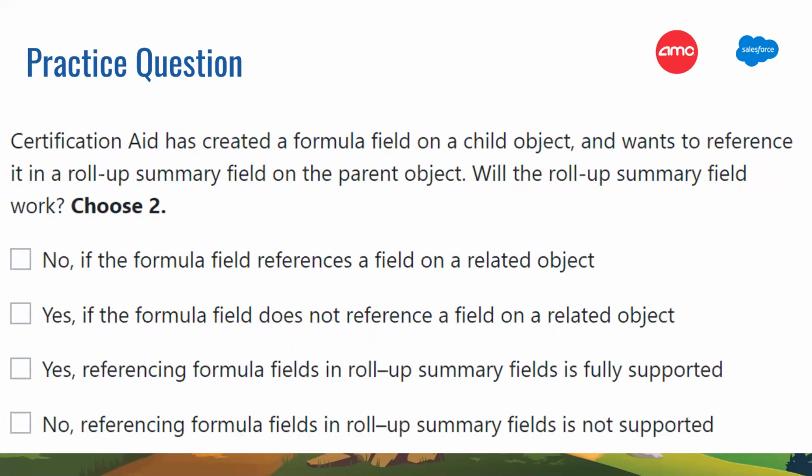Certification aid created a formula field on a child object and wants to reference it in a roll-up summary field on a parent. Will the roll-up summary field work? That's tricky.